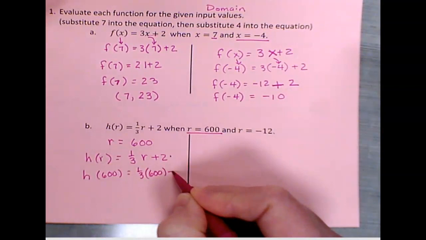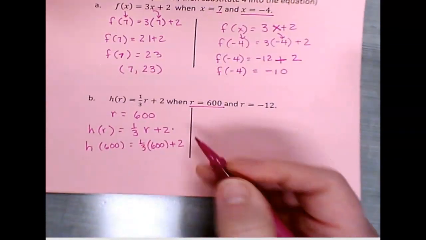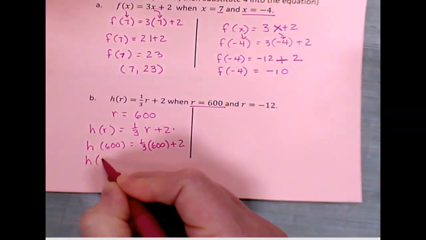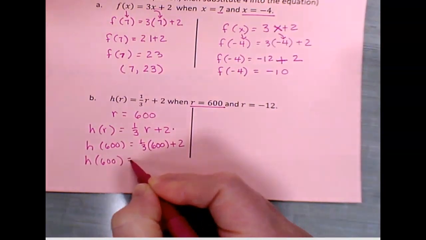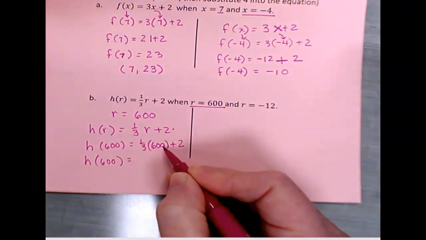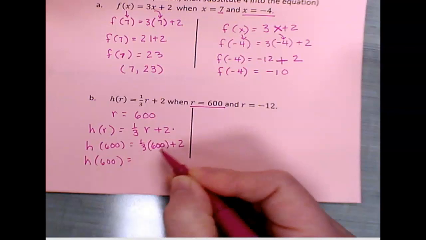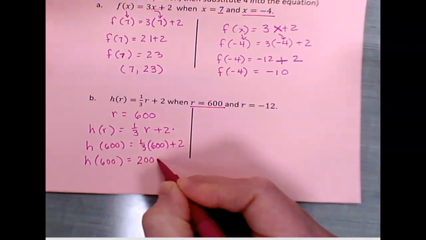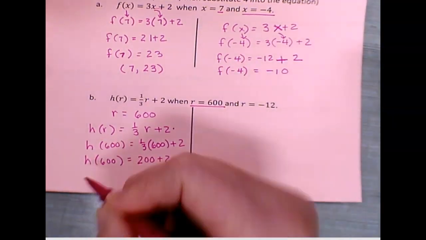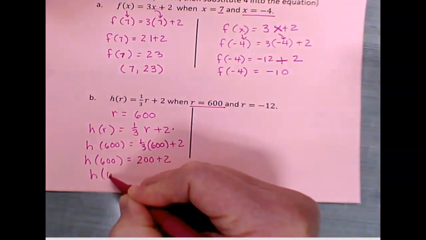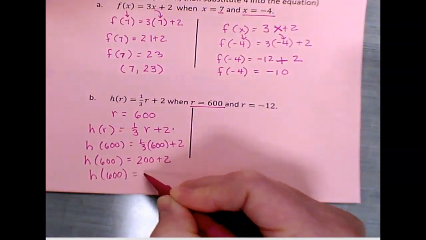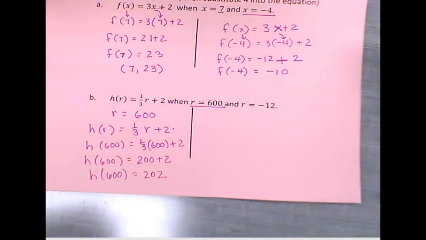That's what it means. So h of 600: 1/3 of 600, when you multiply those together, you would get 200, and h of 600 would be 202.